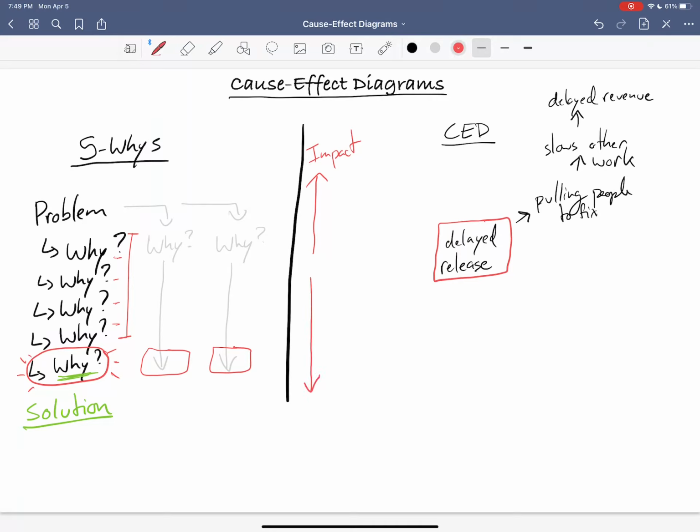We could also look down to identify the different routes. And here's one of the key differences: embracing the fact that there's probably going to be multiple reasons. So if we look at why did we have a delayed release? Well, sometimes it could be the delay in our environments. It could be slow testing.